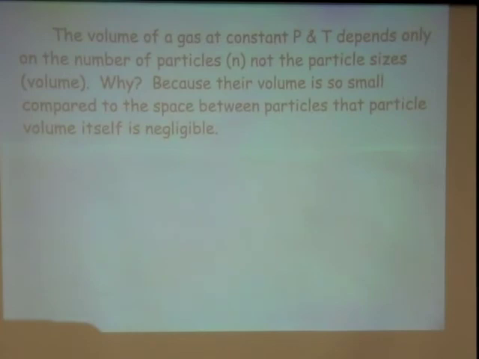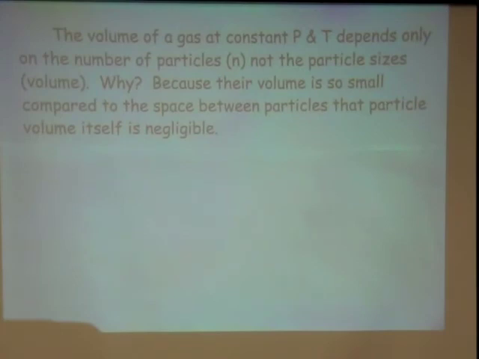Now, there are going to be conditions in the real world for engineers where this isn't the case, because the volume that a gas is occupying is so tiny that the size of the particles actually does become important.